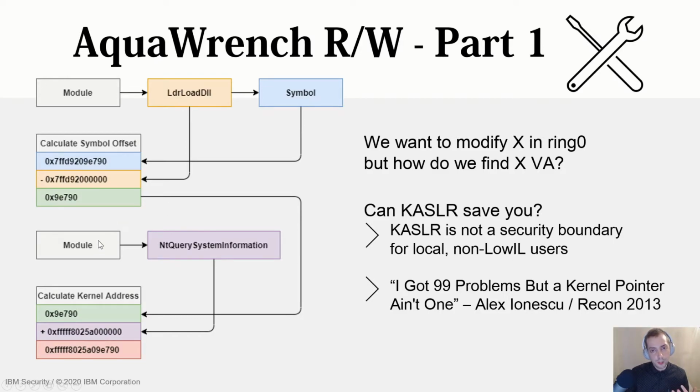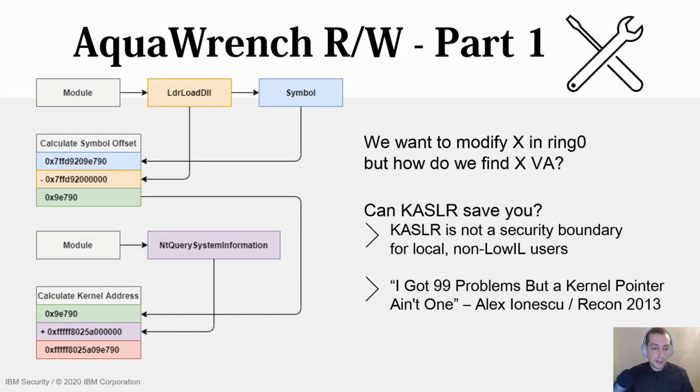Then once the module is loaded, we can look inside it for the symbol that we're interested in. Whether that symbol is exported, so we can maybe do GetProcAddress and get the address of the symbol, or whether we have to employ some other technique like byte pattern-based memory scanning, or whatever the technique may be. So we find the symbol that we're interested in here, in this blue block, and then we just do a simple calculation.